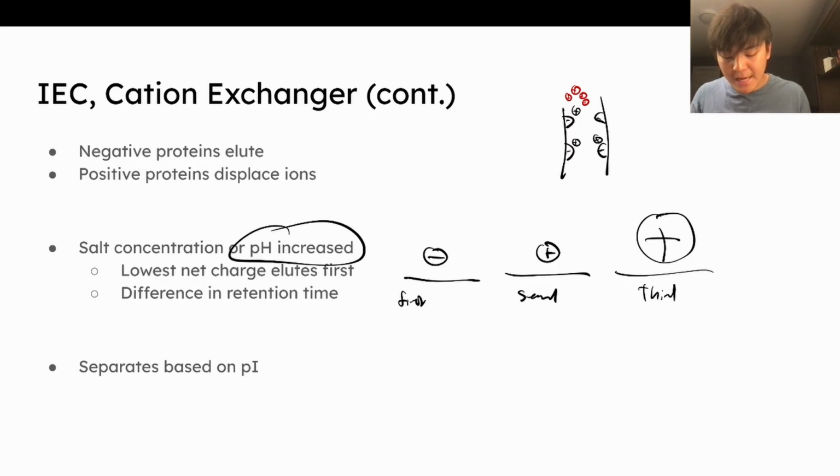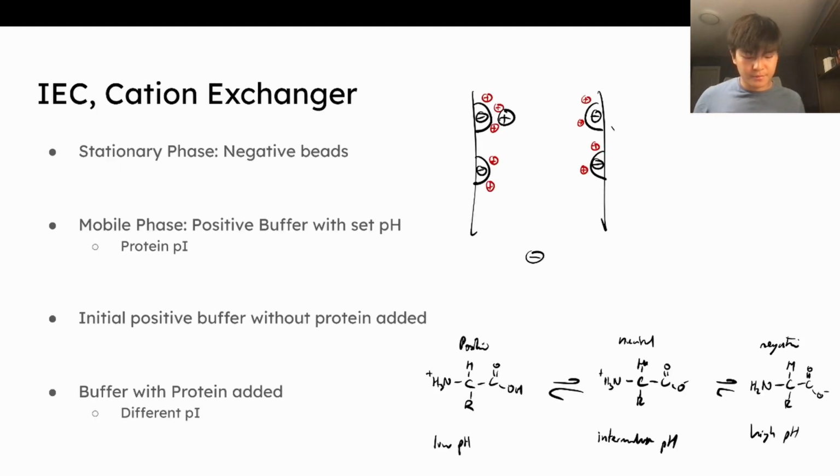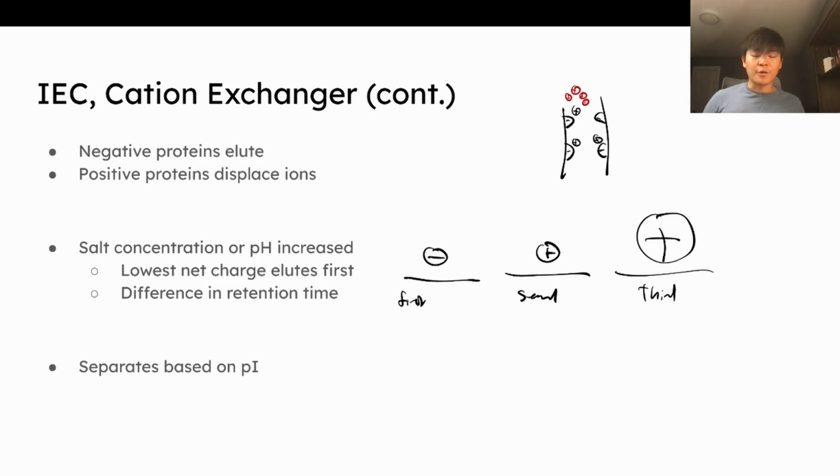Likewise, if we increase pH, what's going to happen? Those proteins whose isoelectric points are much lower are going to get eluted lastly, right?